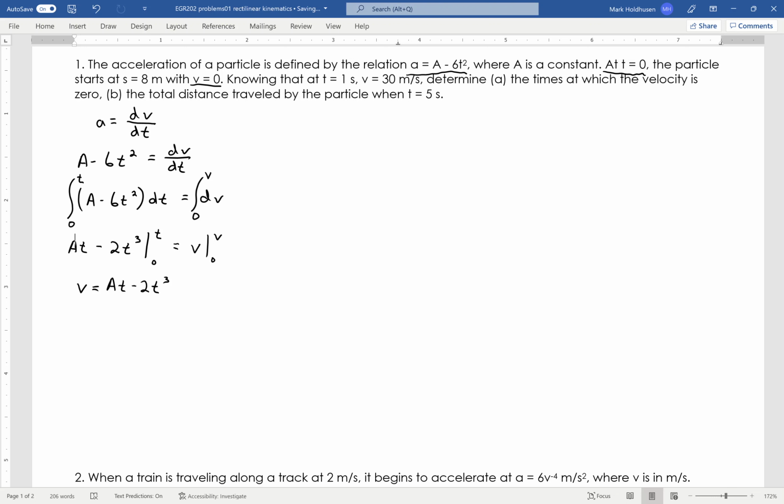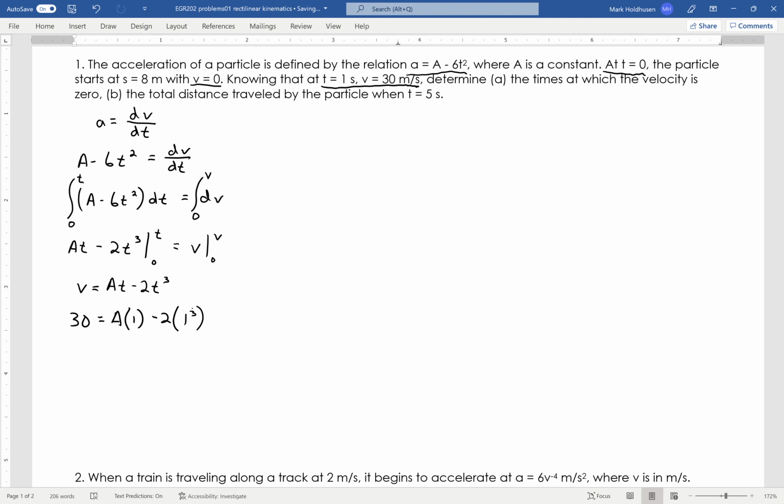Now, I have this other variable A, and I'm going to use the fact that when t equals 1, I know the velocity equals 30. So I'm going to plug in 30, and I'm going to plug in 1. Oops, t should be 1 cubed.